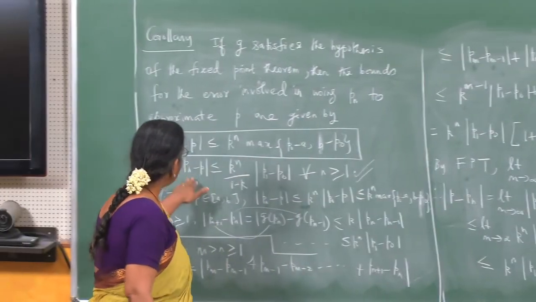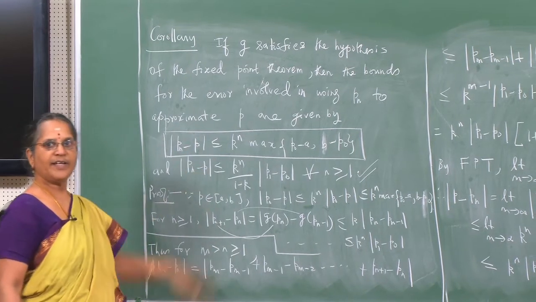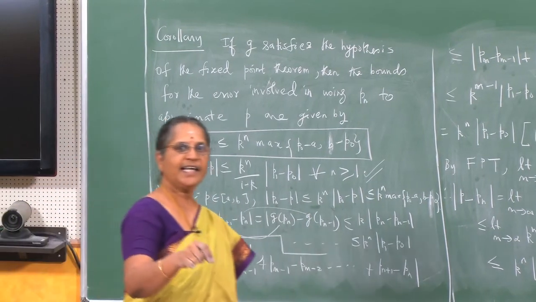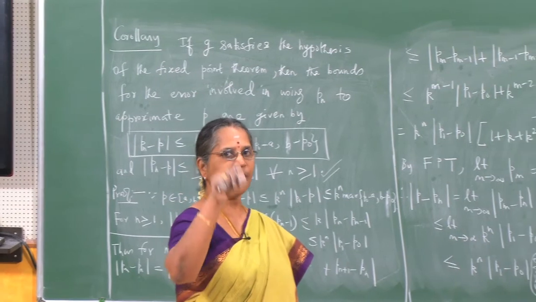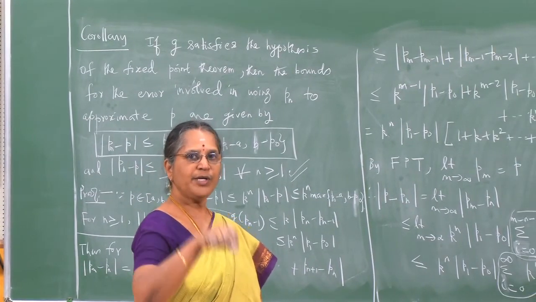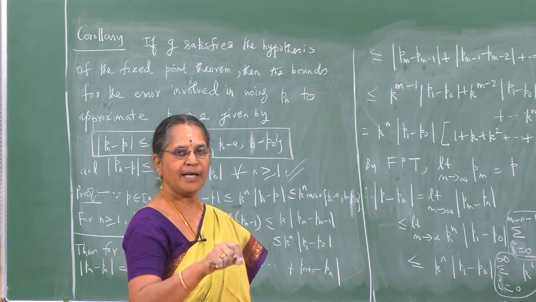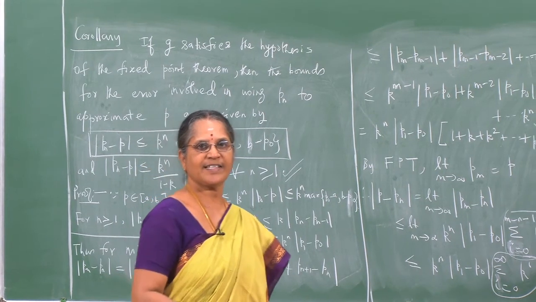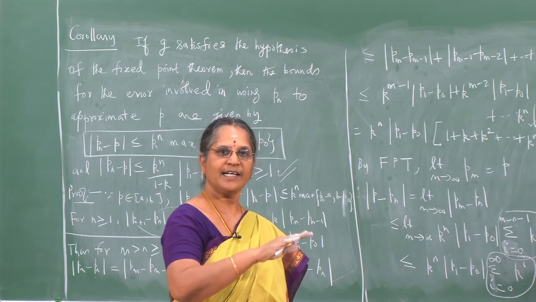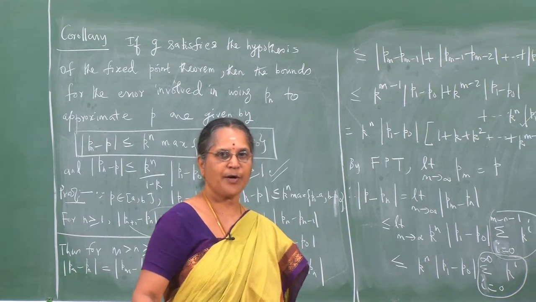So, these give you the error bound involved in taking p_n as an approximation to the unique fixed point for the function g in the interval [a, b], where g satisfies certain conditions, namely the conditions listed in the fixed point theorem.